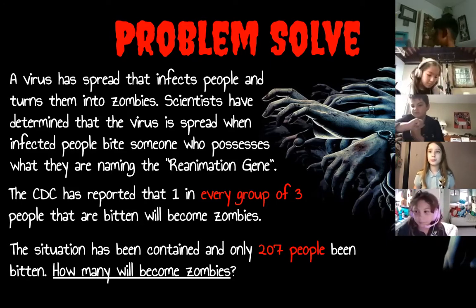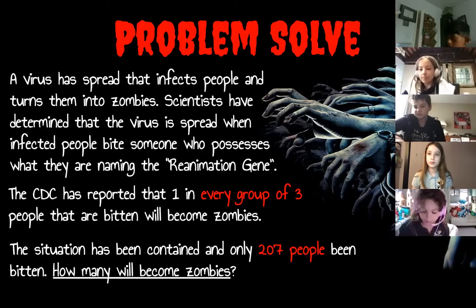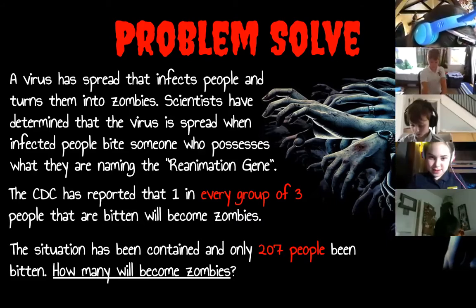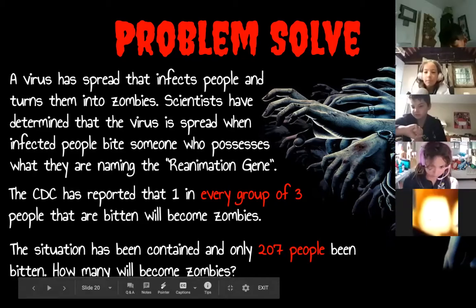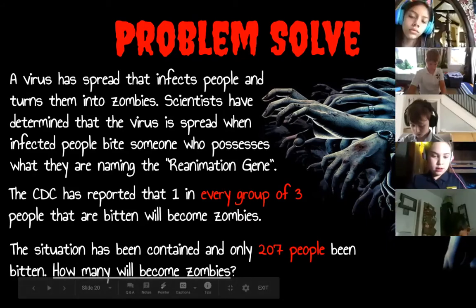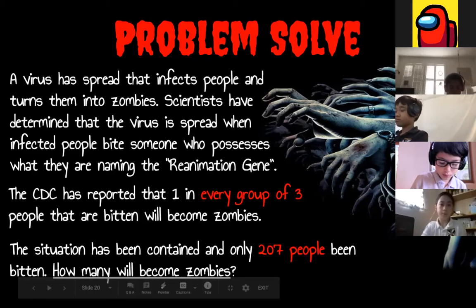Any other clues in this question that told us we might have to divide? Something that we don't have in multiplication. Anyone? The answer. Yeah, they told us the total amount of people already, right? They told us 207 people have been bitten.